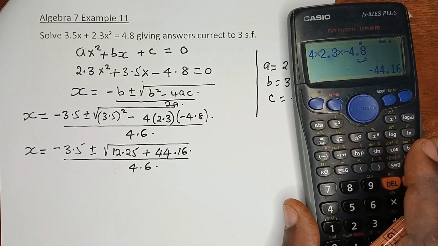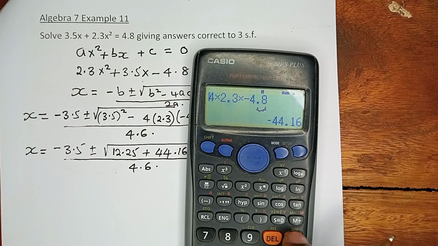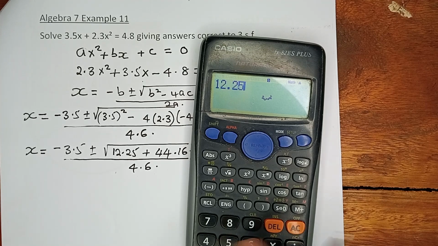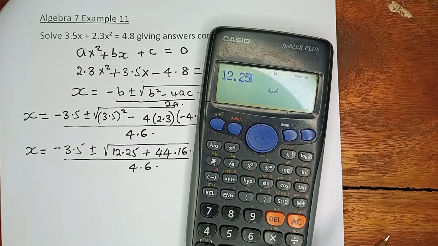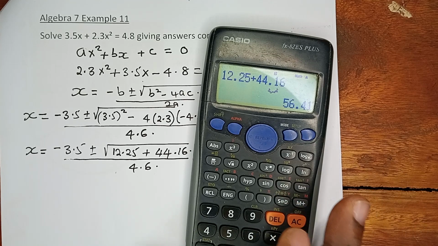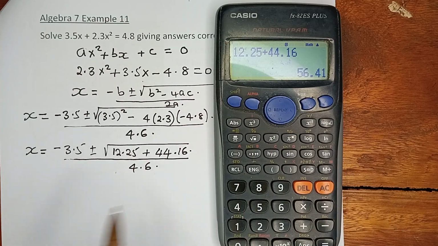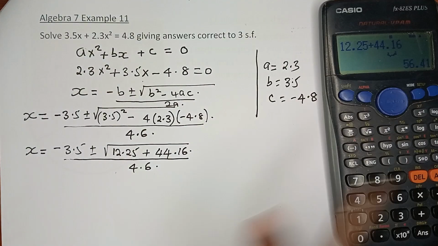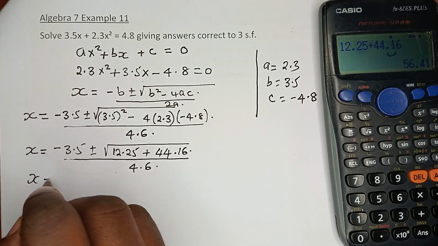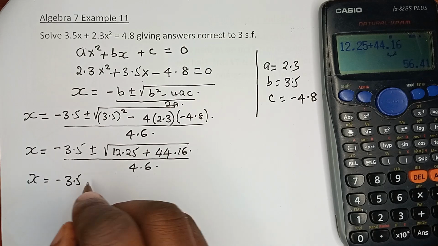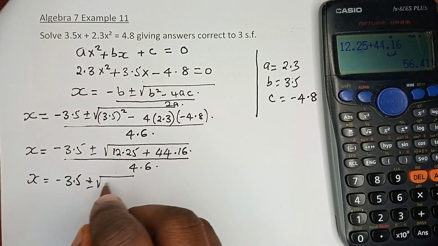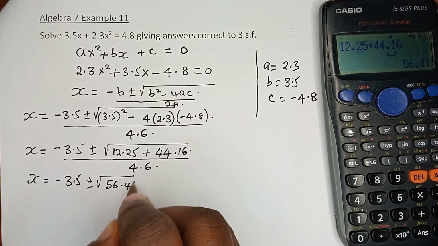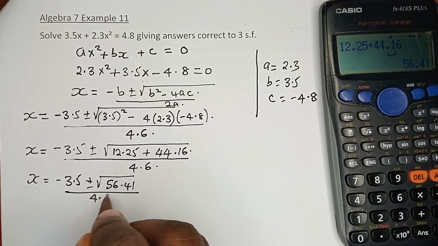And at that point, we can have 12.25, add whatever is under the root so that we can look for the square root, plus 44.16, which is 56.41. X is minus 3.5 plus or minus the square root of 56.41 all over 4.6.